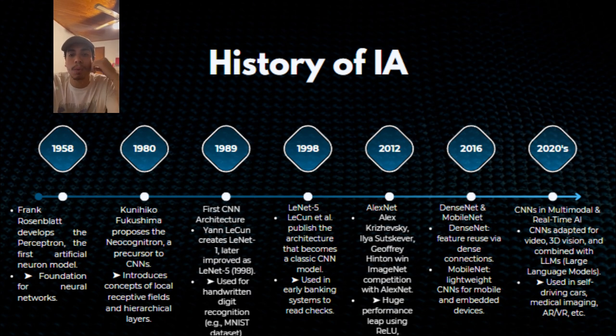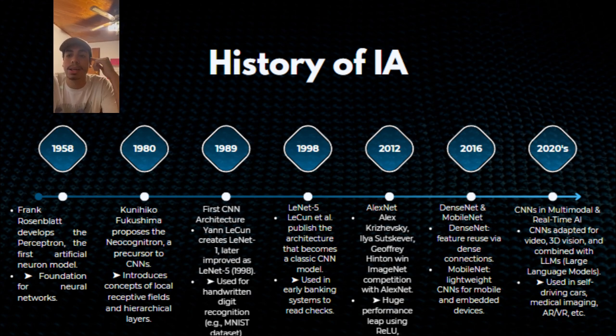The next step was in the year 1980. In that year, Kunihiko Fukushima, a Japanese man, proposed the neocognitron, a precursor to CNNs, which introduced concepts like local receptive fields and hidden layers.